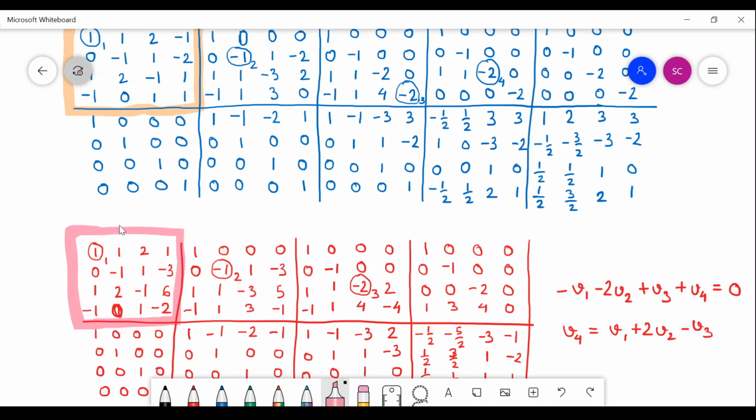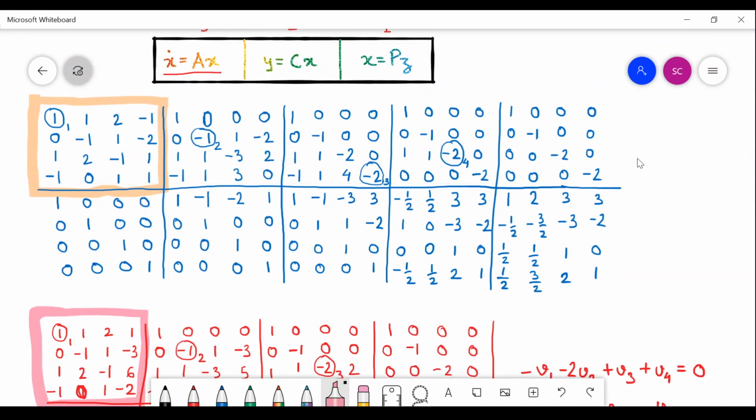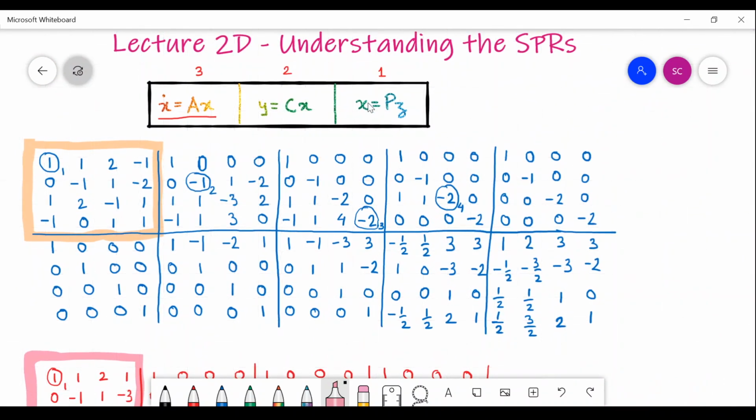This is the information about the independence and dependence of the vectors. What information does it reveal about these things which we encounter in our control systems course? That is what we need to see. So we will first look at this one.